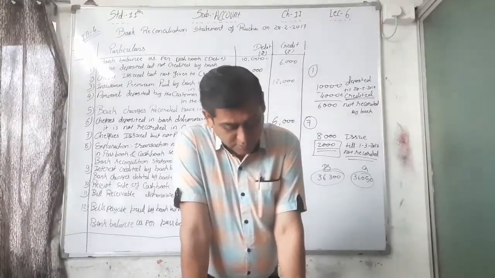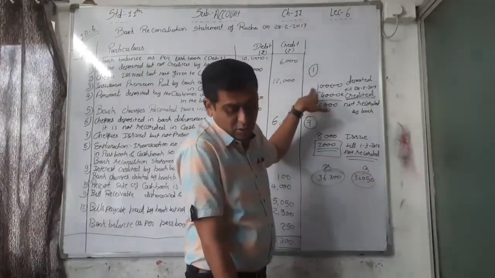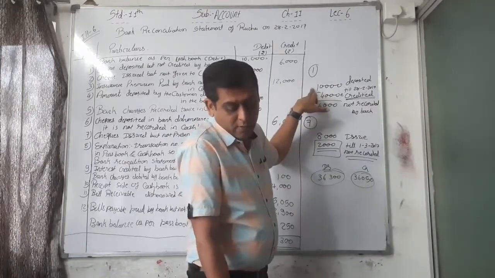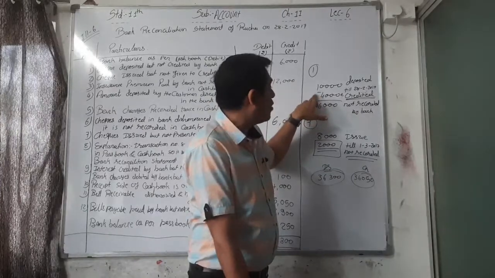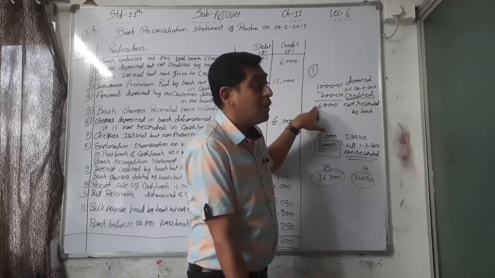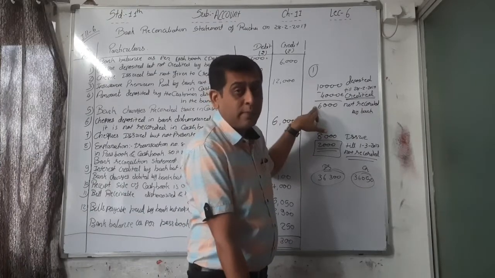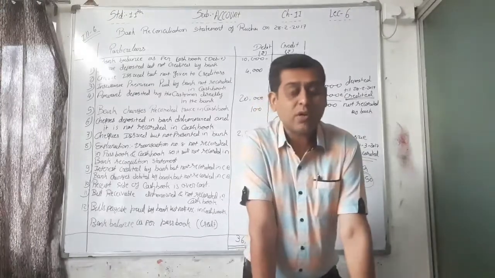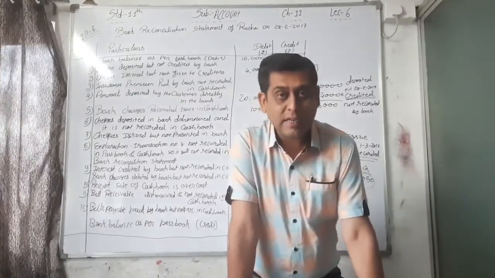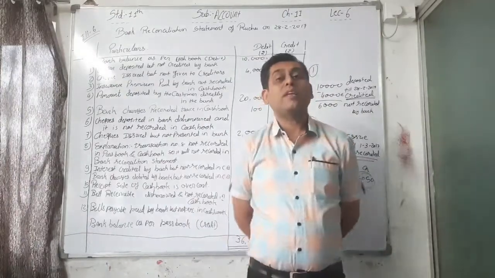See that, checks of rupees 18,000 are issued, but out of this 6,000 were presented for payment. Only 6,000 is presented, so the remaining 12,000 we have to record in the bank reconciliation statement. So here in the 7th point, check issued but not presented, so it is debit, and the amount is 12,000.